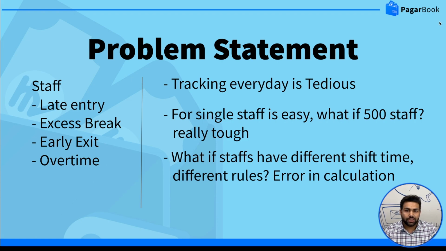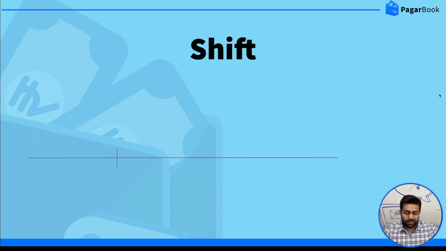For going to automation, we will need to understand shifts. So here let's suppose that staff is late. We will require some time from which he is late. This is what we call the reference time.